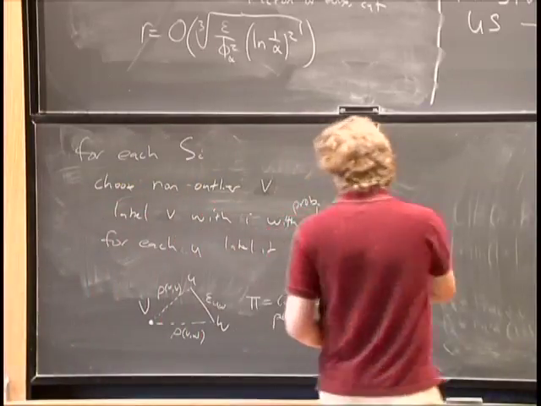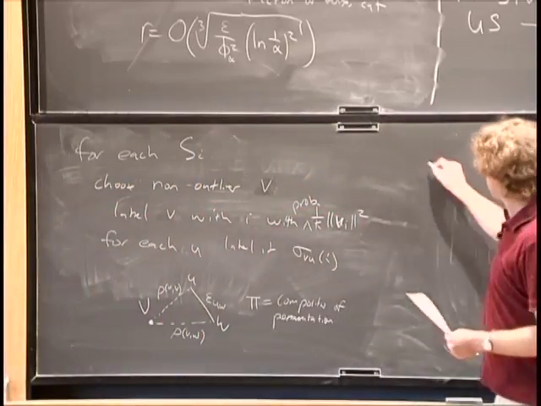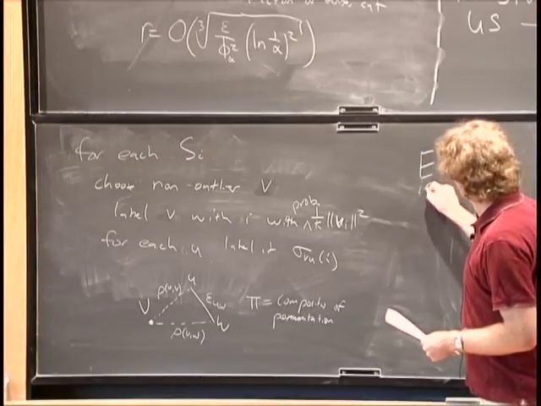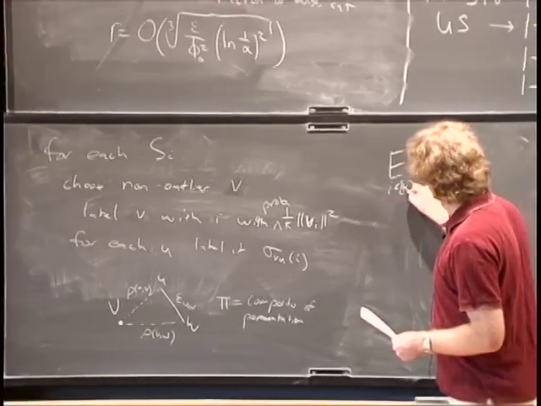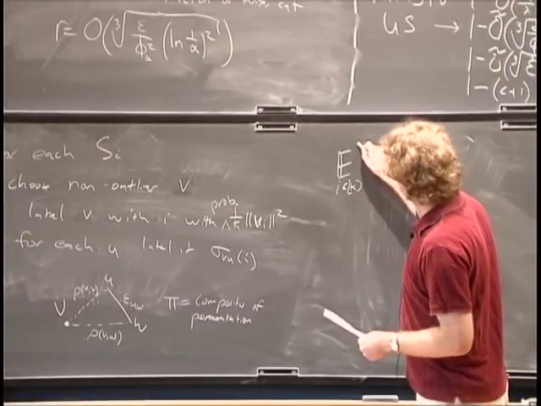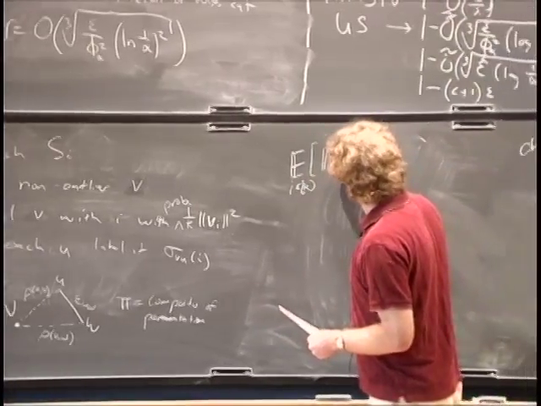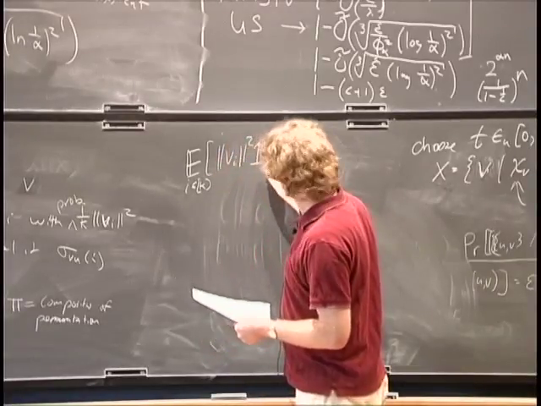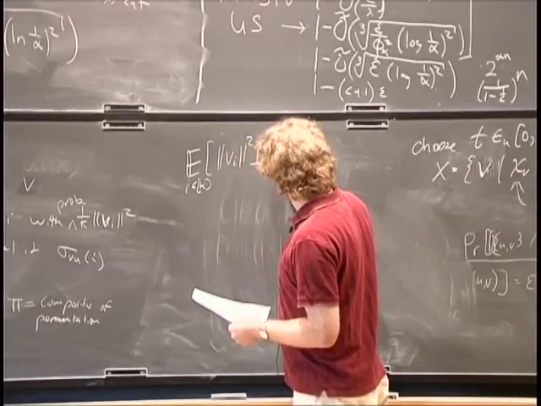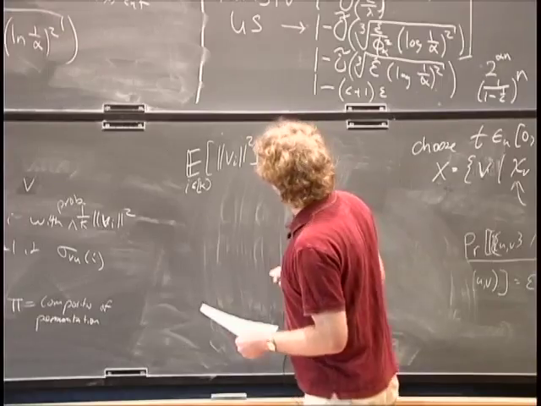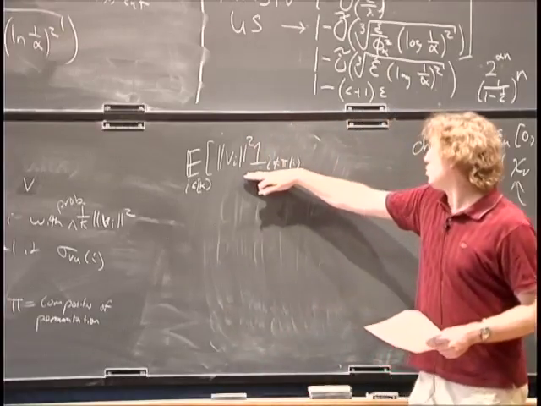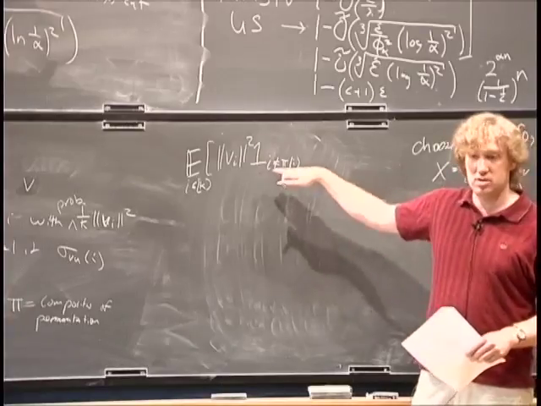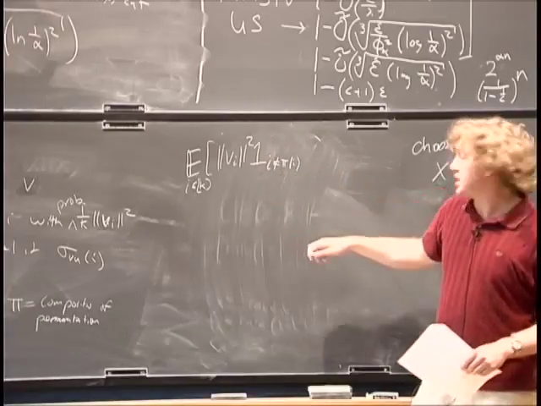So the probability that UW is not satisfied is, where I'm saying that this one sub I doesn't equal pi I, just an indicator of this happening.